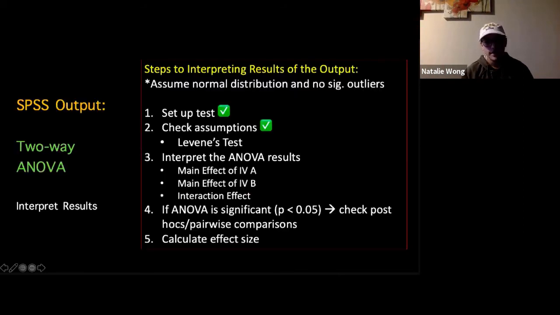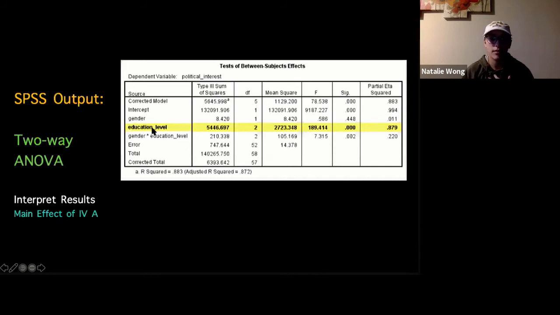So now assumptions have been checked, then we can look at the main effects of the ANOVA. So again, 3 effects for a 2-way ANOVA: main effect of sex, main effect of education level, and then the interaction effect between the two. So we'll start with the main effect of independent variable A, which in this case I argued was education level.